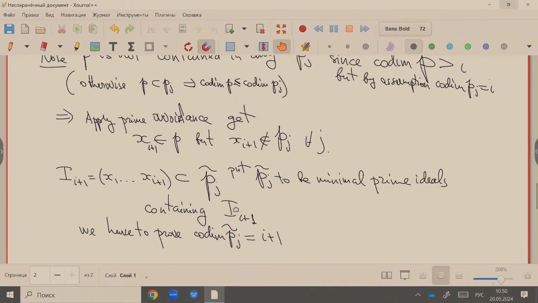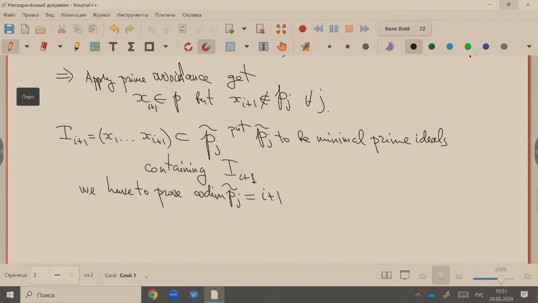So the previous theorem tells us that we already have the codimension is less or equal than I plus 1.